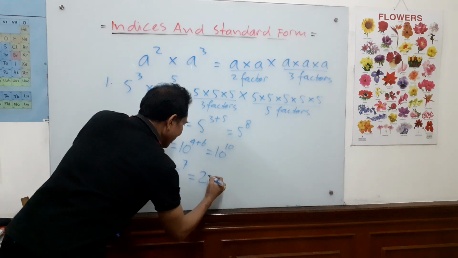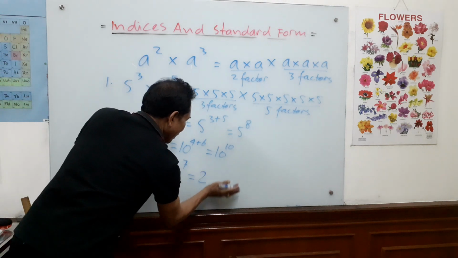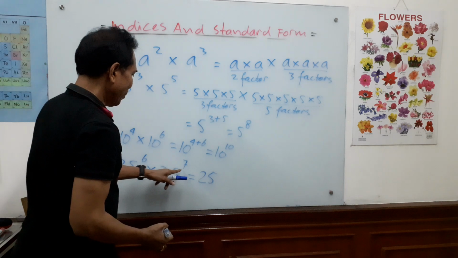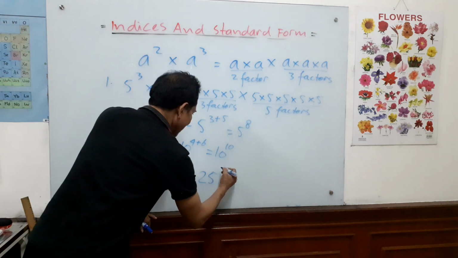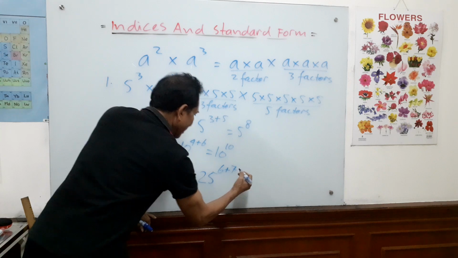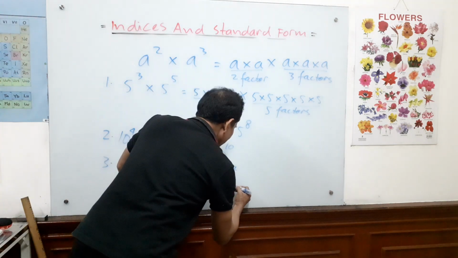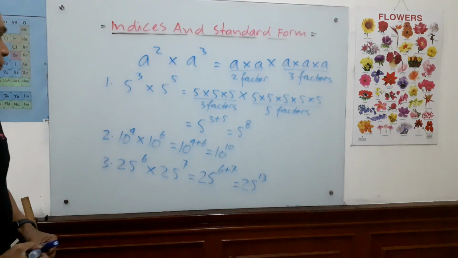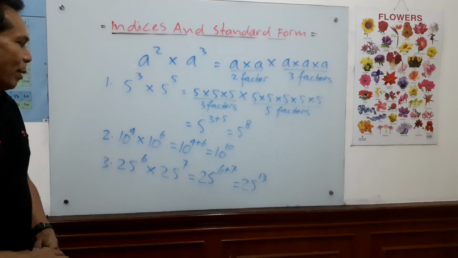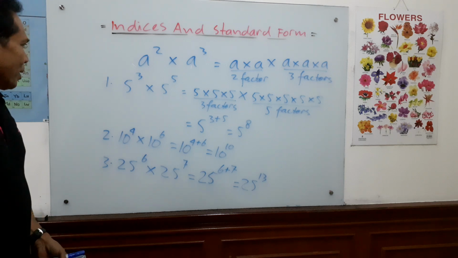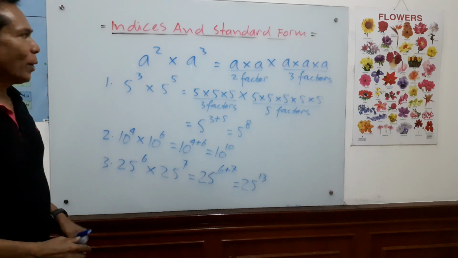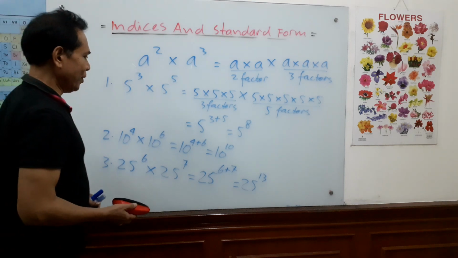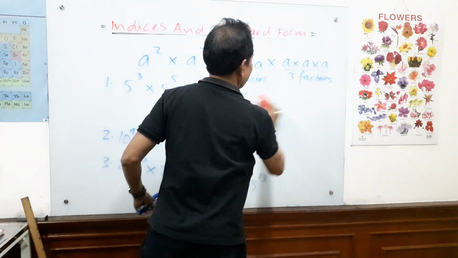We take 25 as our base number, our real number, and we add the powers: 6 plus 7. 25 power 6 plus 7 equals 25 power 13. Alright, children, I hope with these 3 examples you understand the idea. Now I erase this, and we bring some more samples.